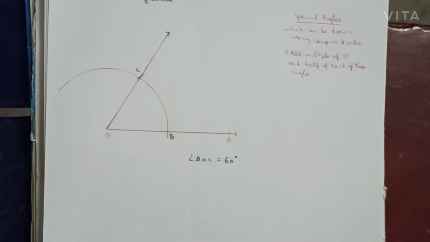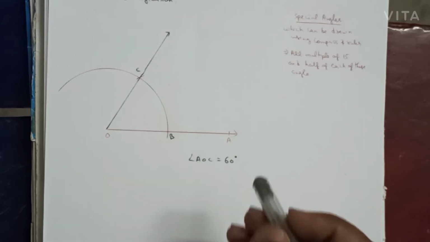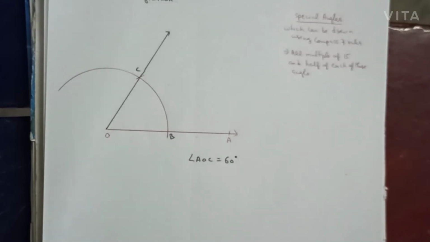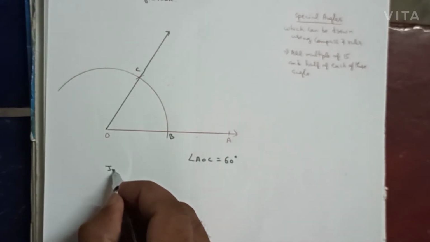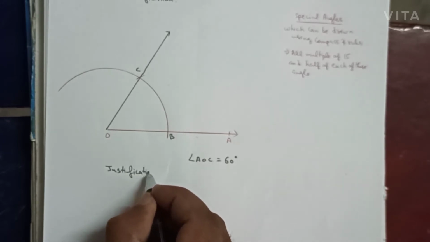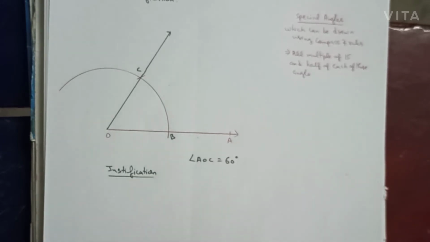Now, how are you going to justify that this angle AOC is 60 degrees? We have done the construction of 60 degrees, but how can we verify that AOC is 60 degrees, without using a protractor, using geometry?